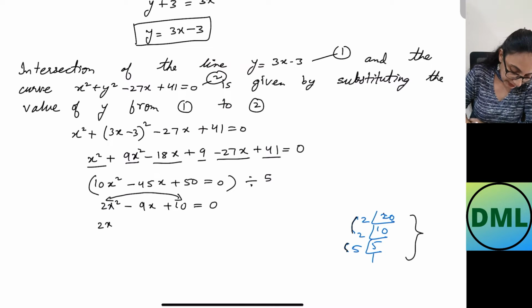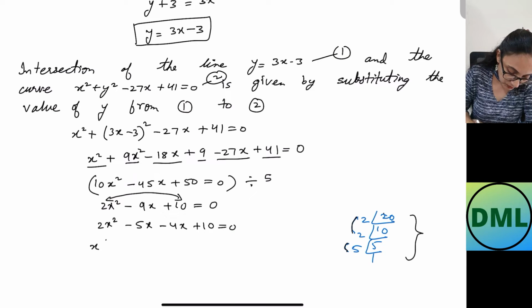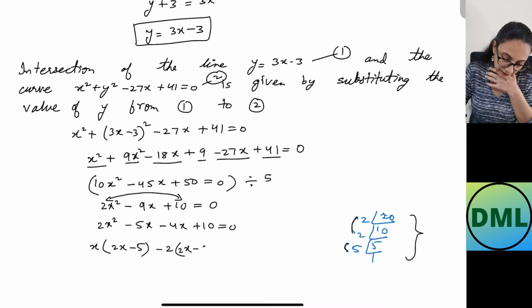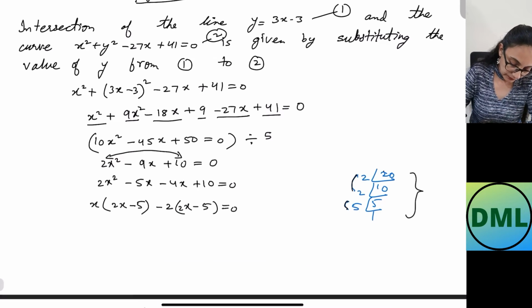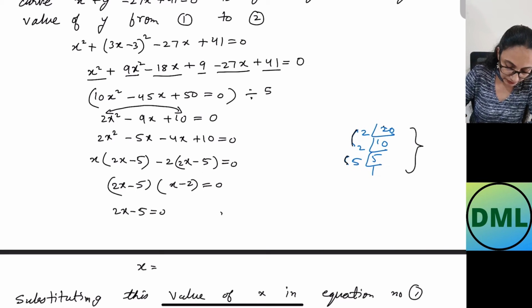That will be written as 2x² - 5x - 4x + 10 = 0. From here x is common, giving x(2x - 5), and from here -2 is common, giving -2(2x - 5). Now it will be (2x - 5)(x - 2) = 0. Individually, 2x - 5 = 0 and x - 2 = 0.